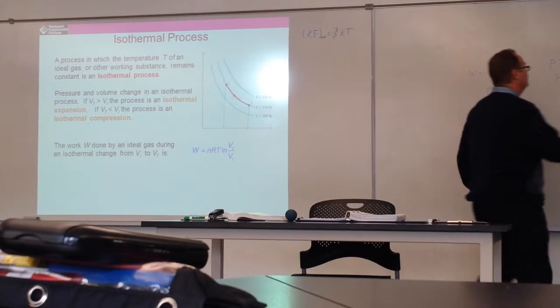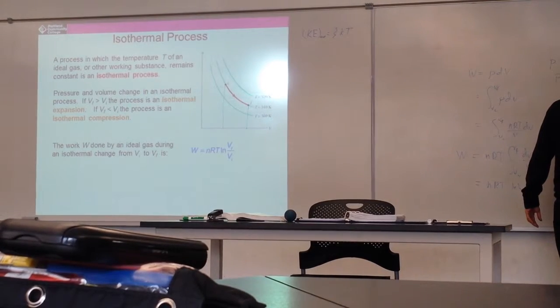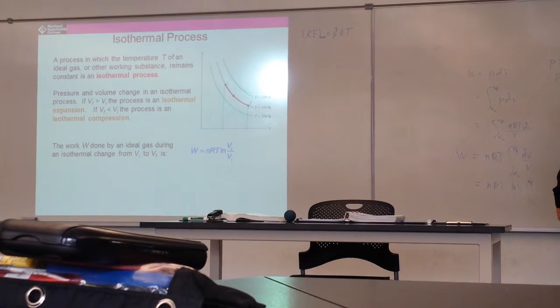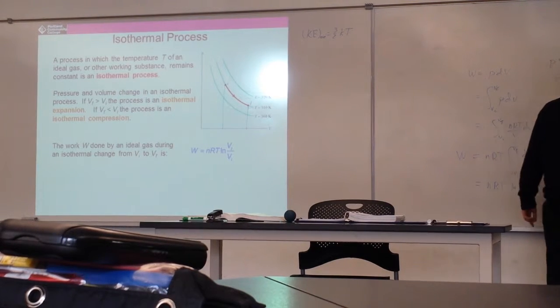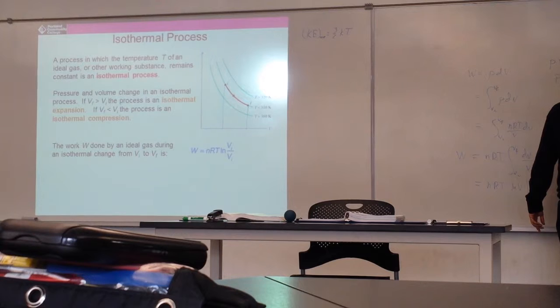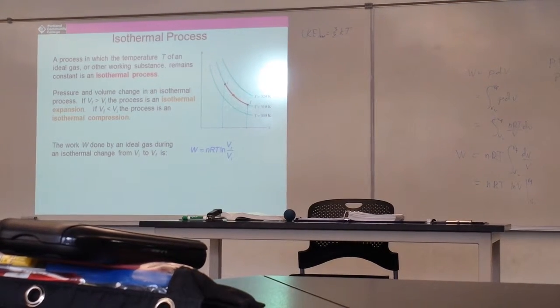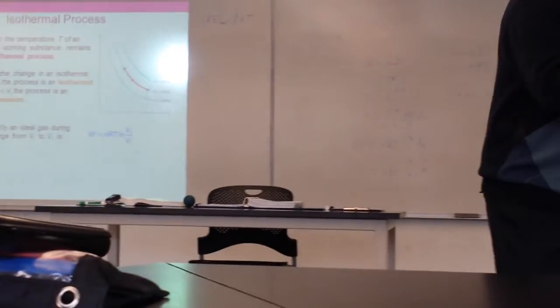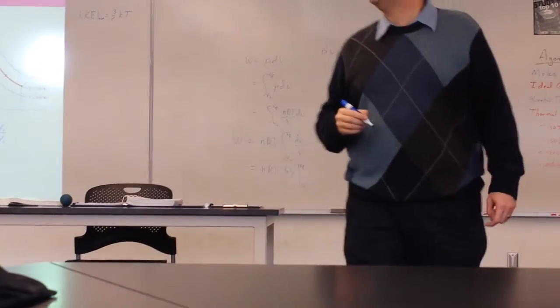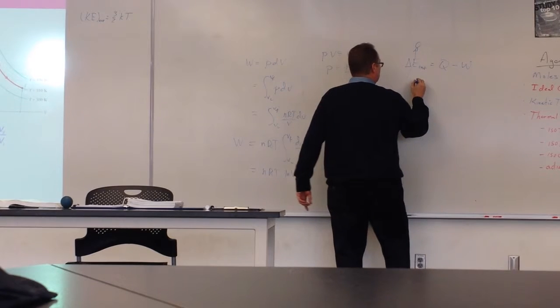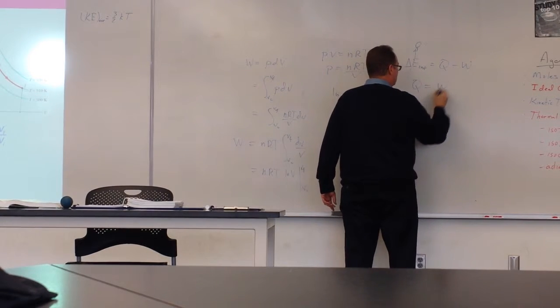So if I write the first law of thermodynamics, delta E internal equals Q minus W. I now know what W is. This is 0. In an isothermal process, all the heat that goes into the system or out of the system goes into doing work. None of it goes into changing the internal energy of the gas. So since this is 0, that means that the heat equals the work.